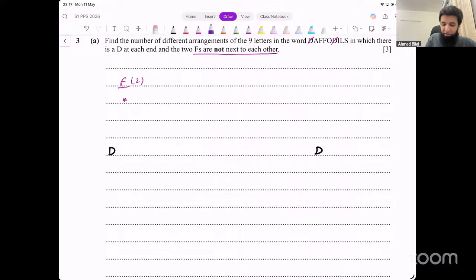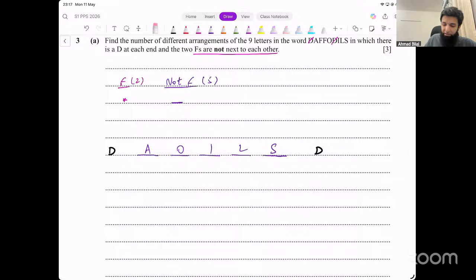And the rest of the letters, how many of them do we have? 5. We use dashes for them. So we have 5 places for the letters apart from the Fs. Now, what are those 5 letters? A, O, I, L, S. So in the dashes space, we have these 5 letters.